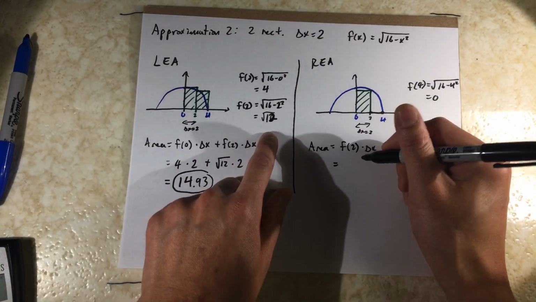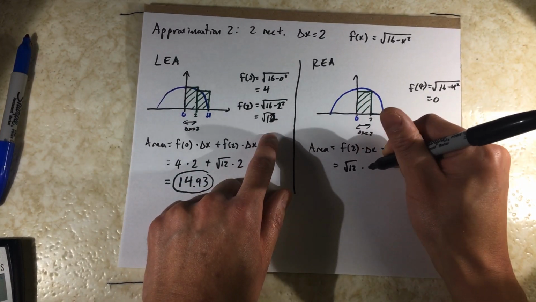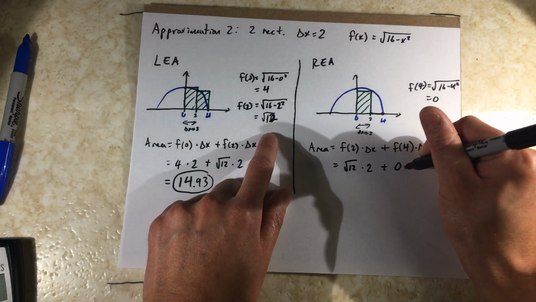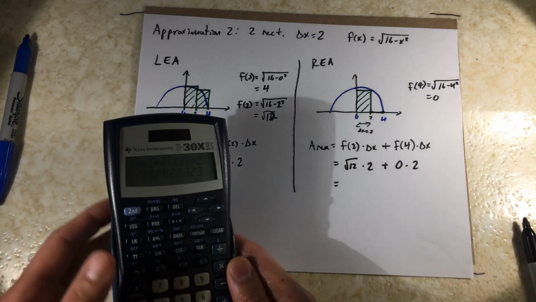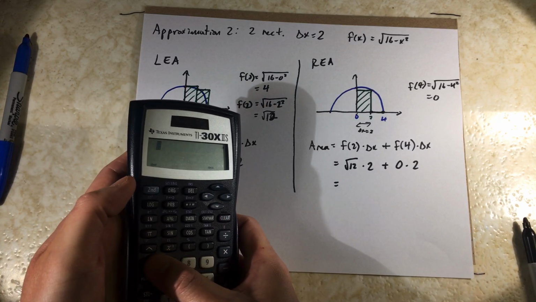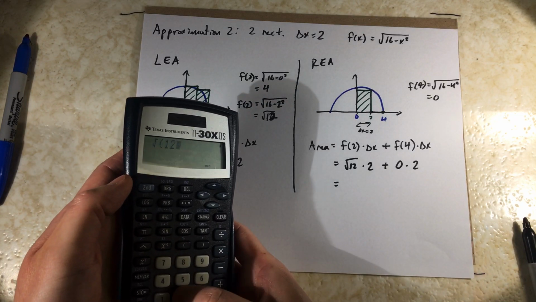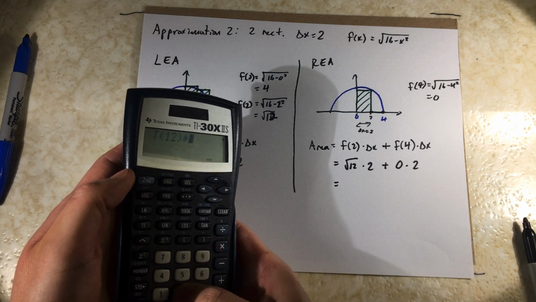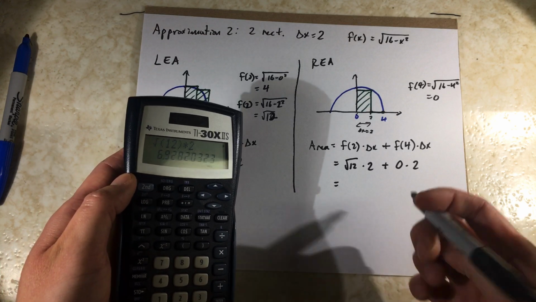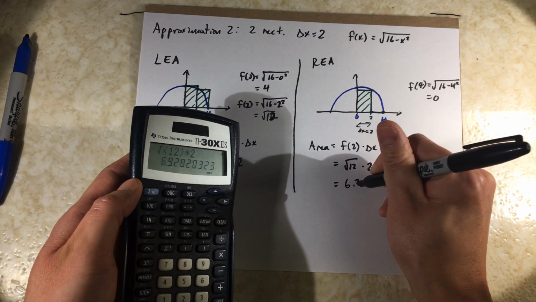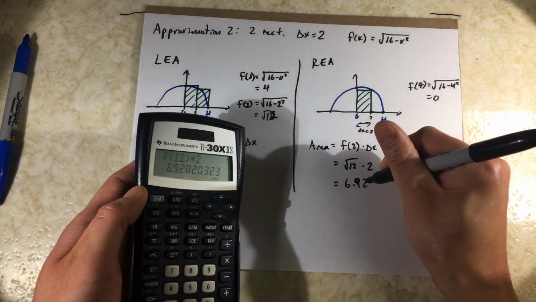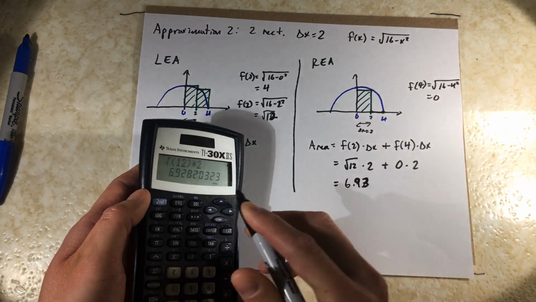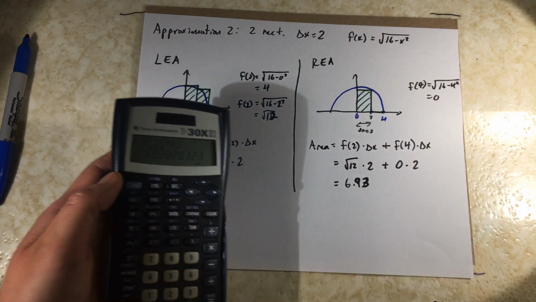So f of 2, which we already calculated, is the square root of 12 times 2, plus 0 times 2. Calculating that, square root of 12 times 2 plus 0 is 6.92, or 6.93, I'm sorry. Because of the 8, we're just going to round that to 6.93.